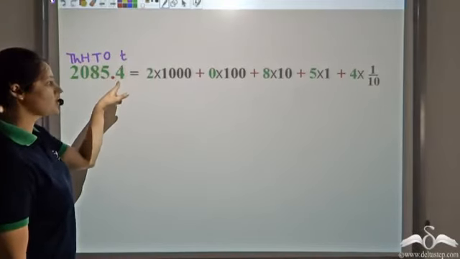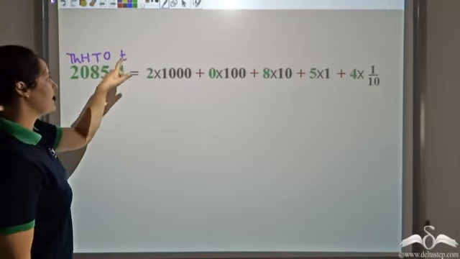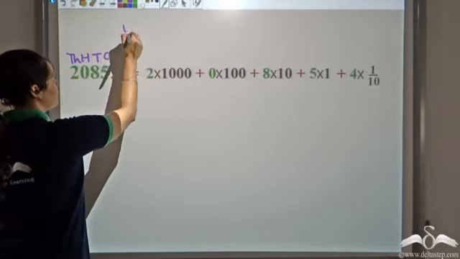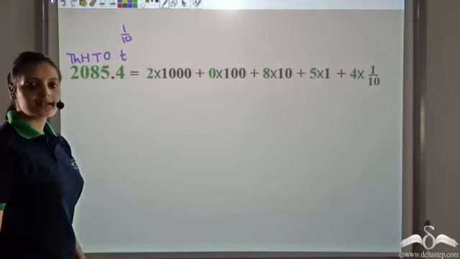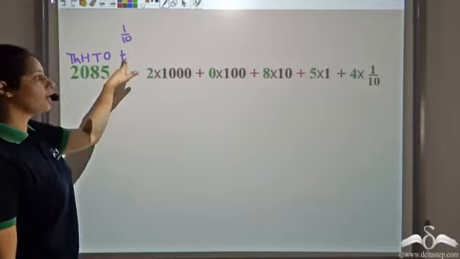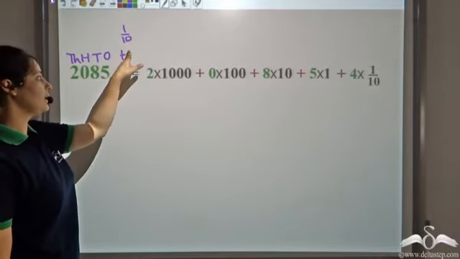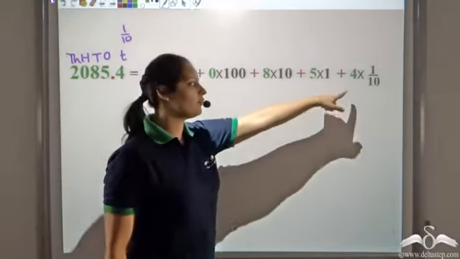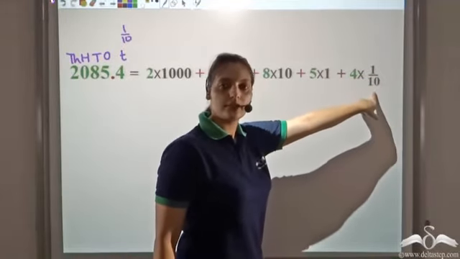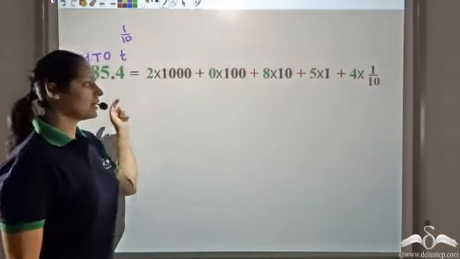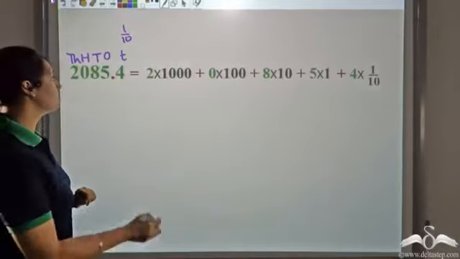Plus we can add this also similarly. Tenths actually imply 1 by 10. Tenths is nothing but 1 by 10. So column multiplier for tenths is 1 by 10. So similarly I can write 4 times 1 by 10. That is 4 tenths. So that's how I can expand a decimal number.